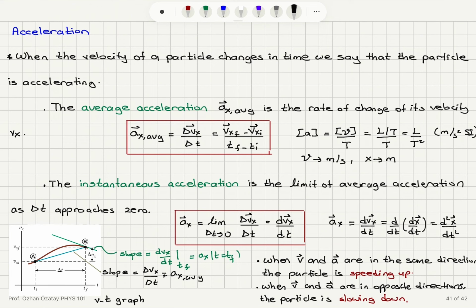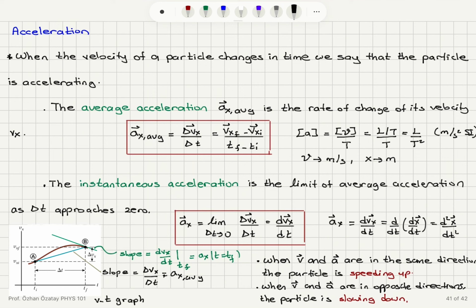Then we introduced acceleration. This is the situation when you have a change in velocity in time. The average acceleration is the total change in velocity in a total time interval delta t, delta Vx over delta t. It's a vector quantity, and acceleration is measured in meters per second square, velocity in meters per second, and position in meters in SI units.